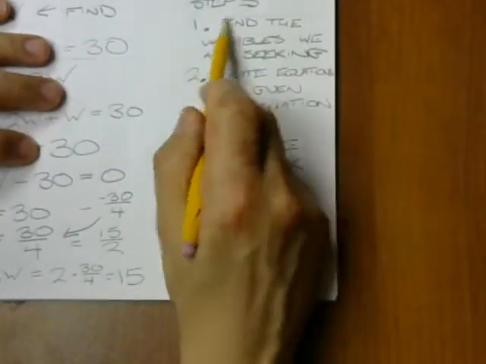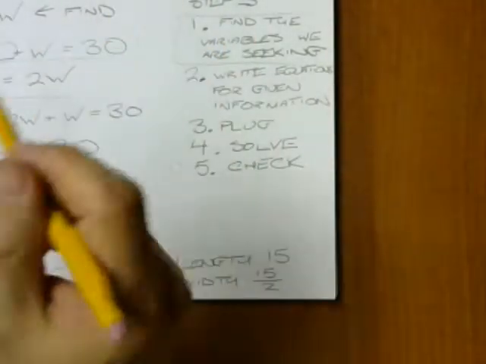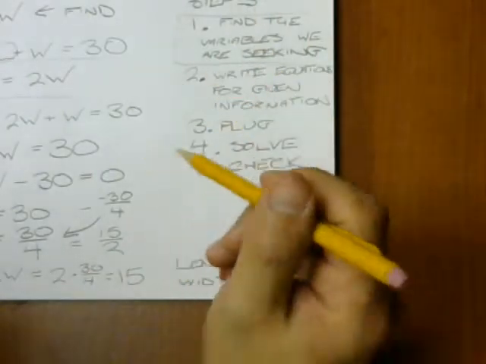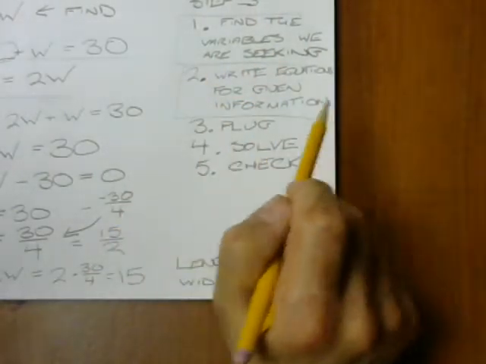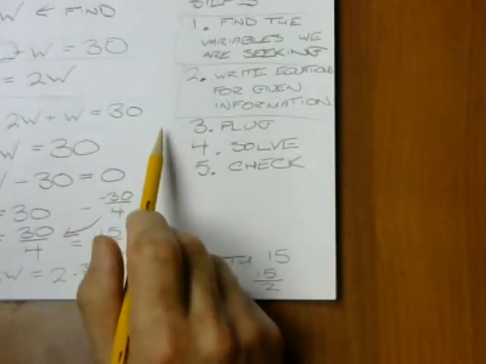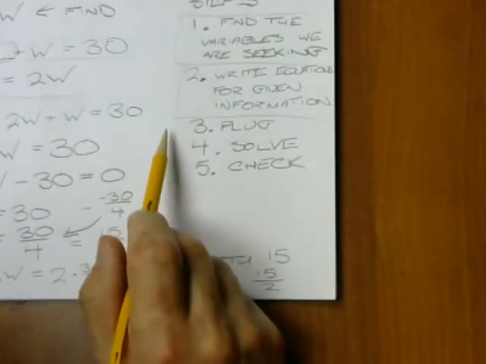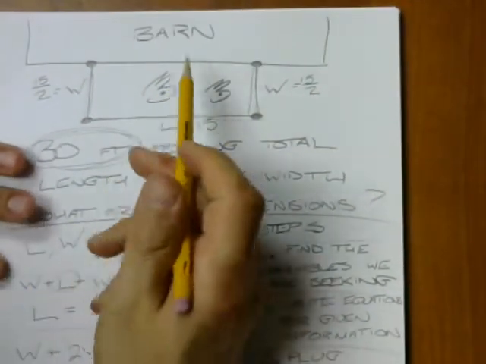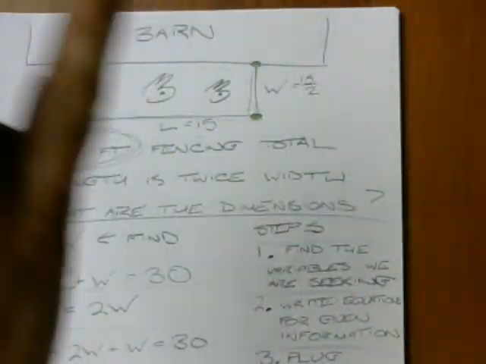And what did we do? Well, we tried to figure out what we were finding, because sometimes we might find something completely different. I might have given you area as an output or something like that. We wrote equations for what was given. Usually in these problems, they're not going to give you completely unrelated information. Like they probably wouldn't give you, say, the volume of the barn, the entire height and the interior, all the cubic feet on the inside.